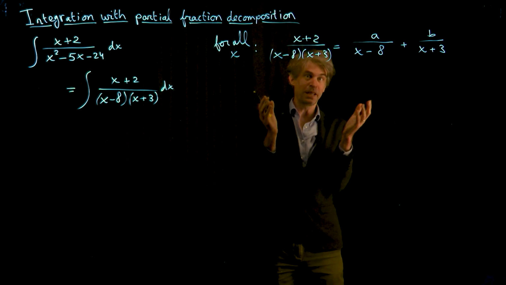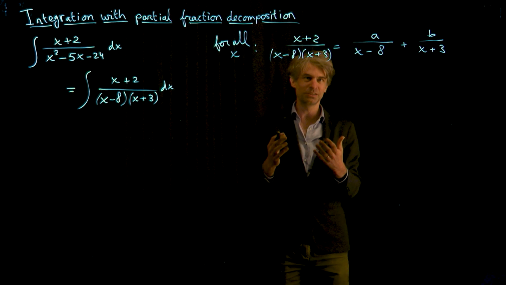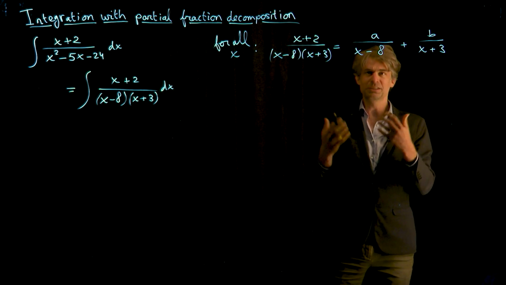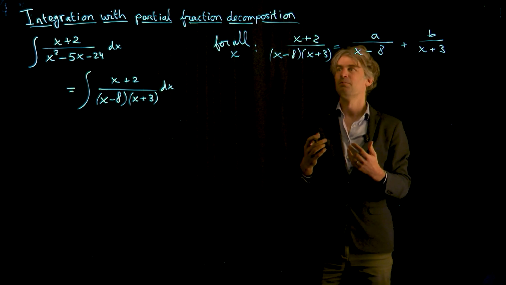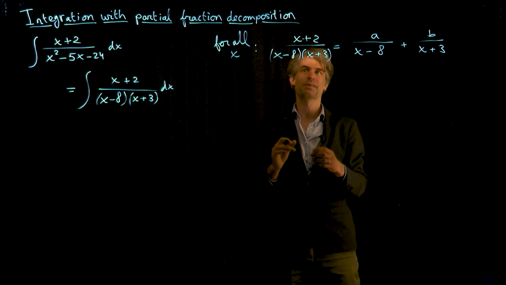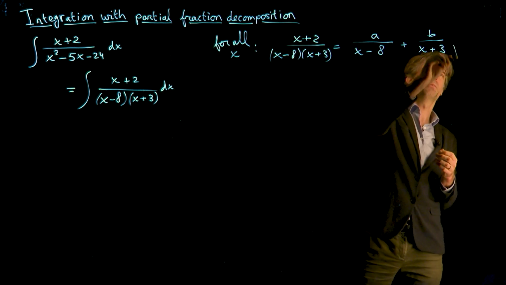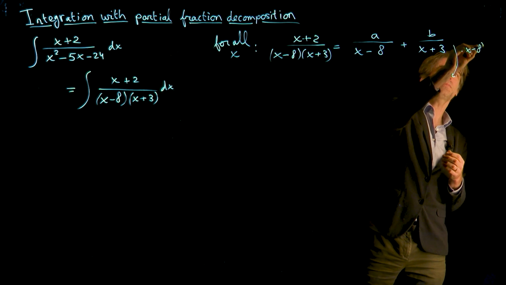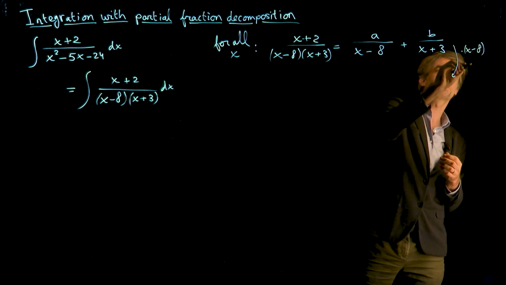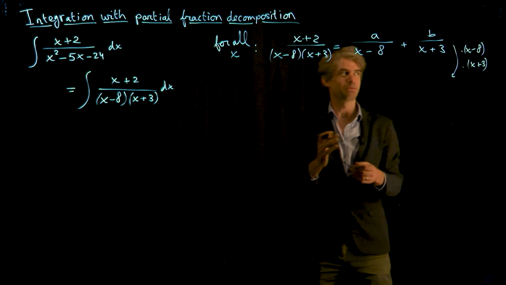From here on, it's a bit of algebra. The good idea with fractions in your algebraic equation is to multiply with the denominators. So here I have to multiply with x minus 8 and with x plus 3. I'm going to multiply both sides by x minus 8 times x plus 3.